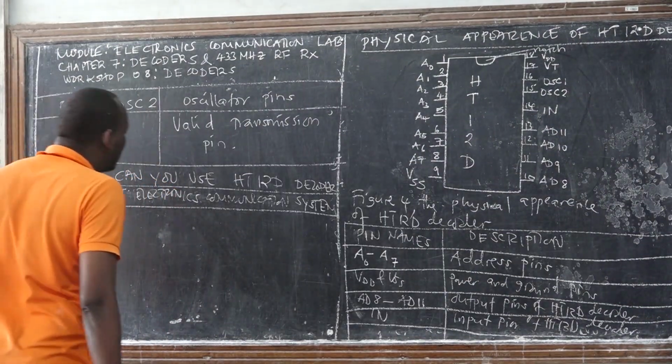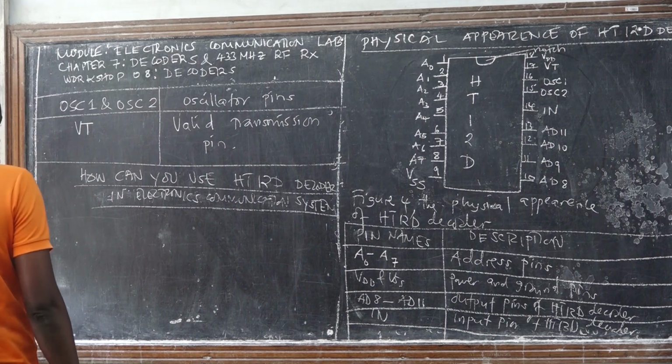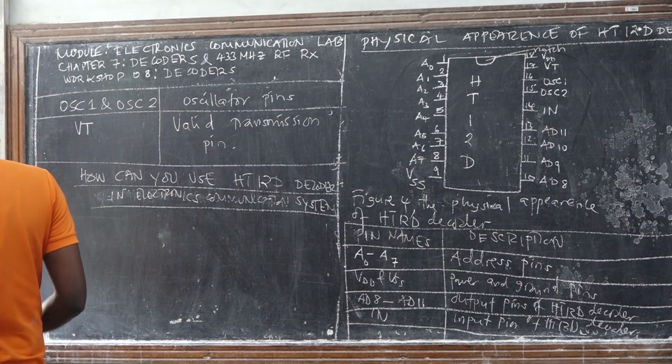So how can you use the Ht12D decoder in an electronics communication system?